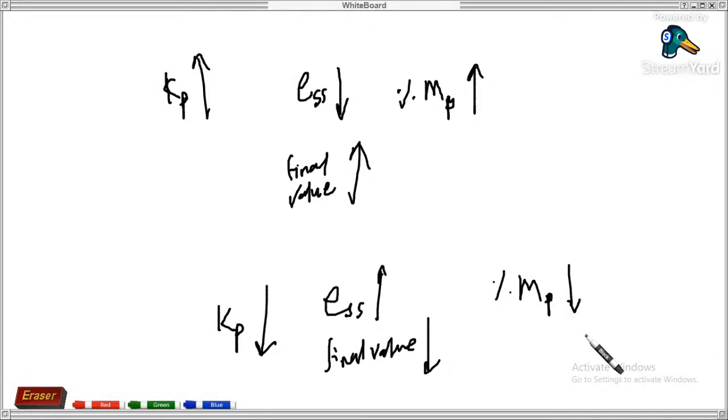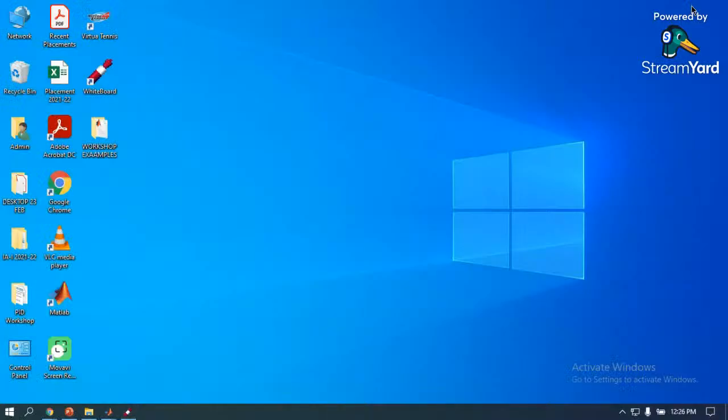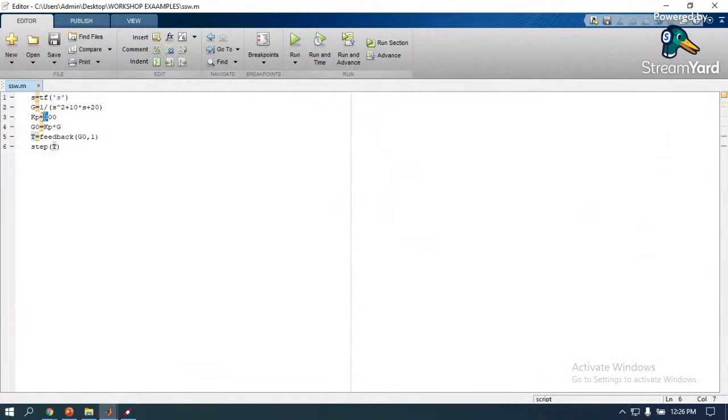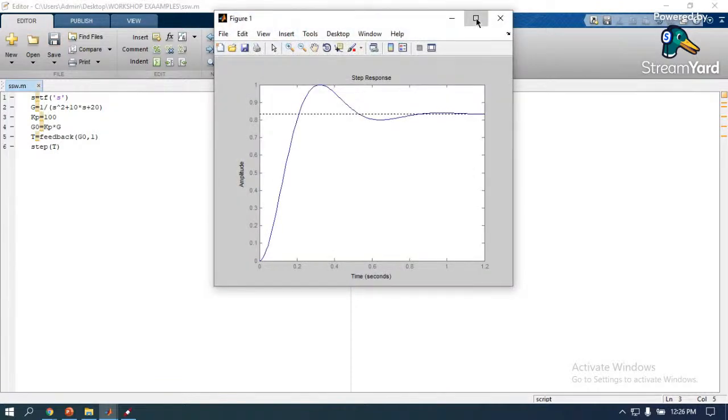Okay? For Kp equal to 300 you noted down ESS or final value and then overshoot. Now I will change the value of Kp from 300 to 100. See, this is my output response.